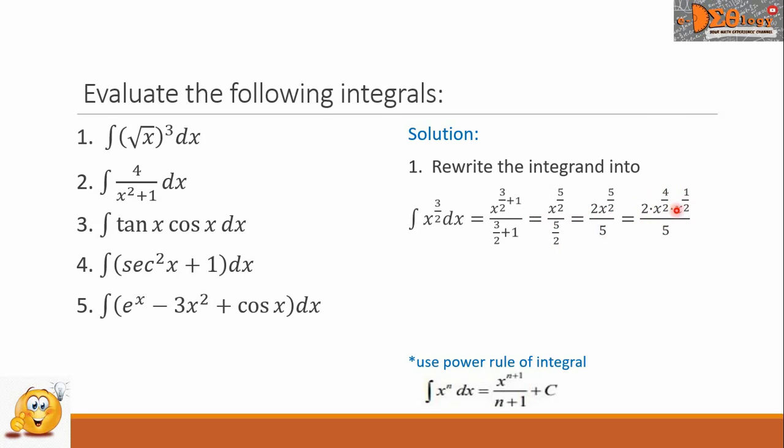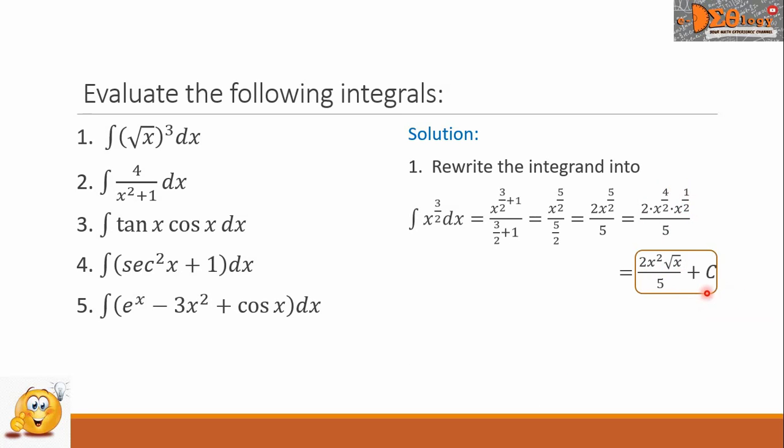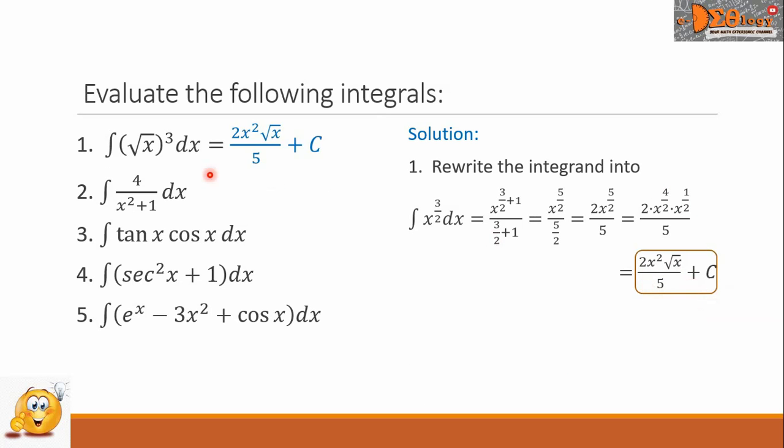This expression here can be simplified into x squared. While this x raised to 1 over 2, let us convert this again into radical form. So we have now 2x squared square root of x all over 5. Then we will add the plus c. This is now the final answer. Let us copy this answer opposite problem number 1.